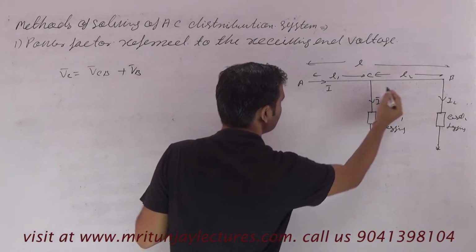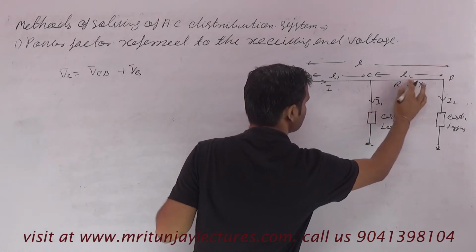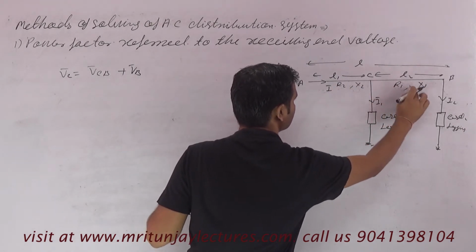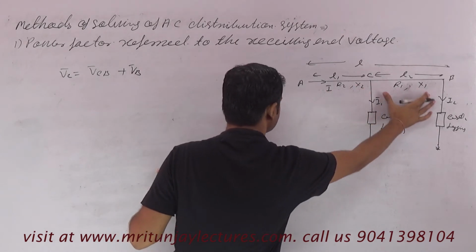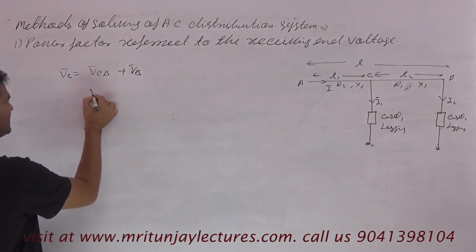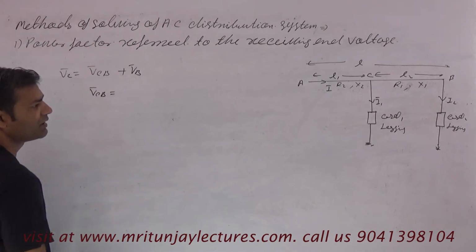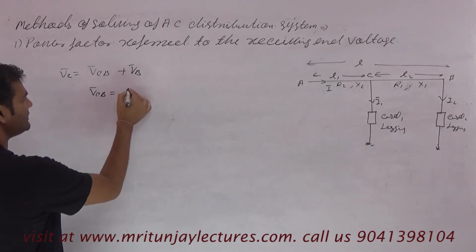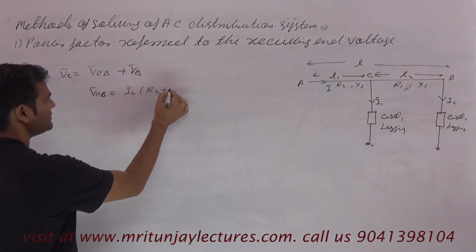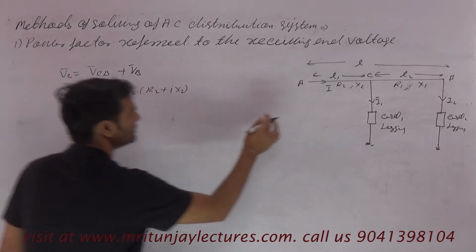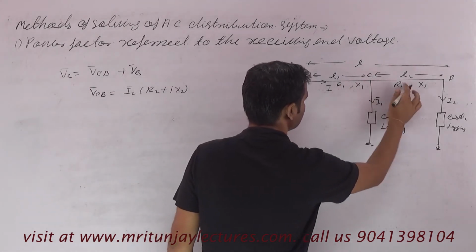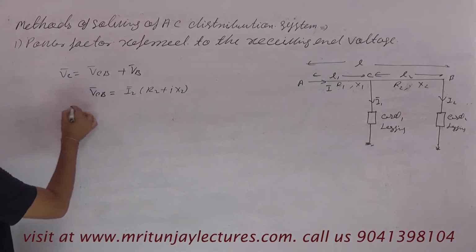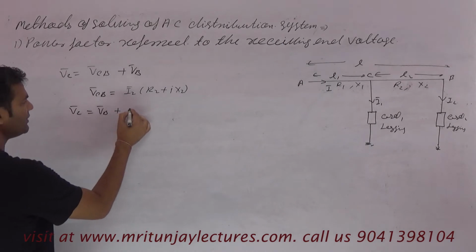That is I, that is R1 plus jX1, the transmission line, and that is R2 and jX2, the impedance of this one and the impedance of this one. So VCB, the voltage drop across the distributor of length L2, that is I2 into R2 plus jX2. Sorry, that is R1 X1, and that is R2 and jX2. Clear?